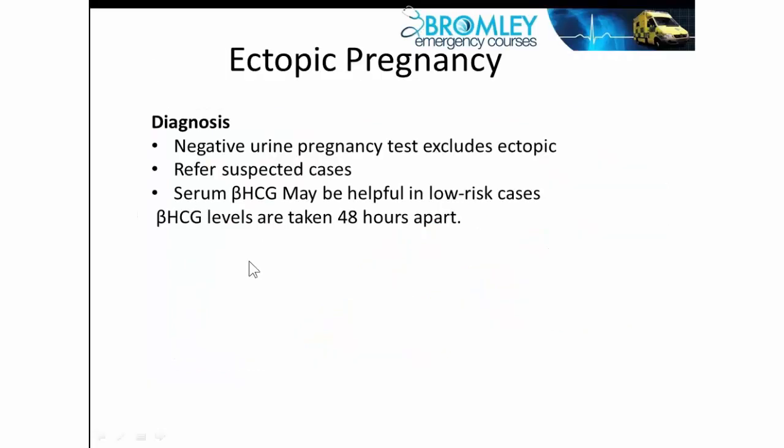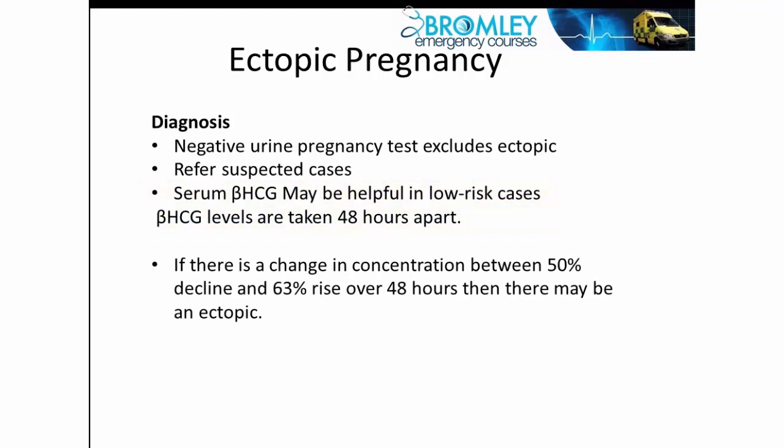pregnancy. So if we take two tests of the beta HCG 48 hours apart and compare the later one with the earlier one, we can make some deductions. If the beta HCG level has declined between the measurements more than 50%, then there's a miscarriage.